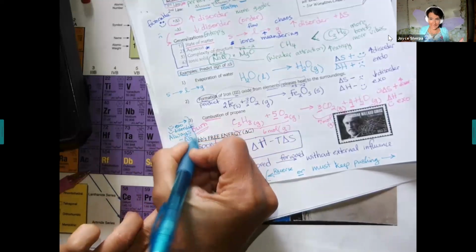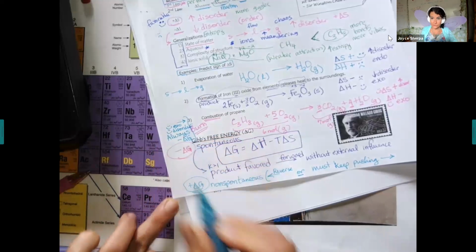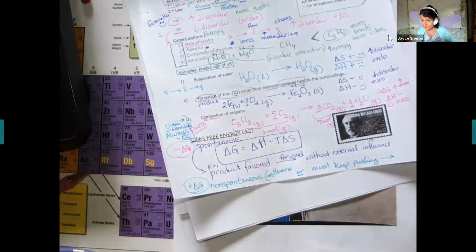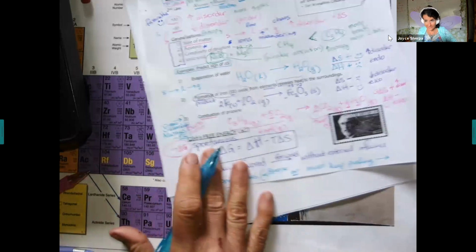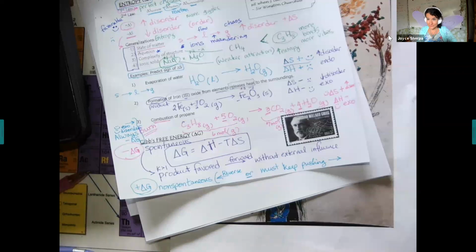So that's why I do the happy faces. Some people it really works for. If you have exo and disorder, both favorable conditions, it's going to happen. Don't have to worry about it.